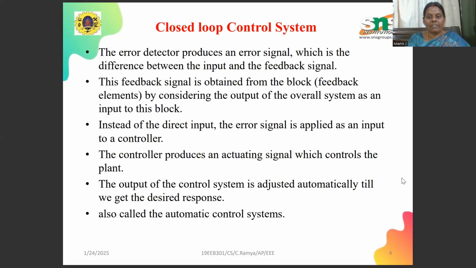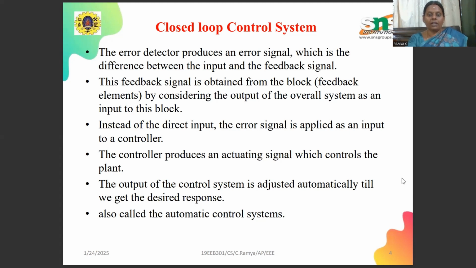So whatever we have explained here, I have also mentioned as points. The error detector produces the error signal, which is the difference between the input and the feedback signal. This feedback signal is obtained from the feedback elements block, and we consider the output of the overall system as an input to this block.